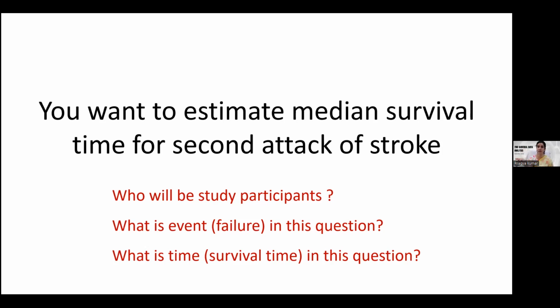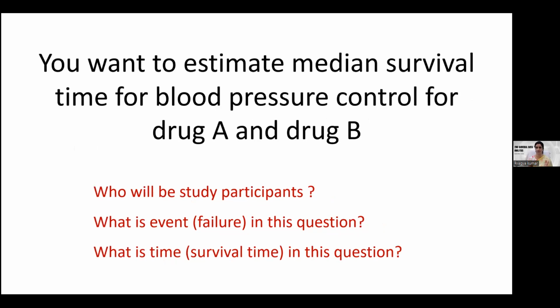That means failure of this event will be the survival. So this survival will be those individuals who had a first stroke and did not have the second stroke. That will be your survival time.